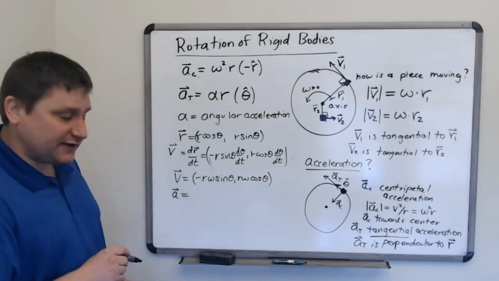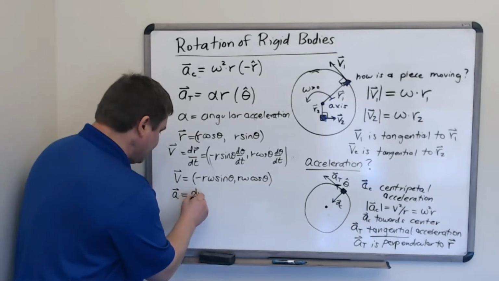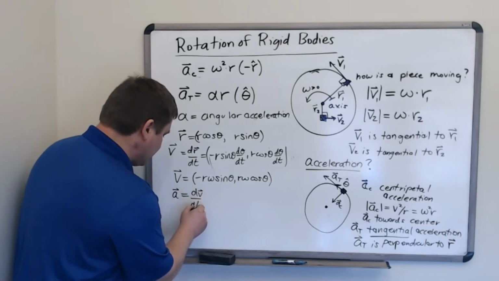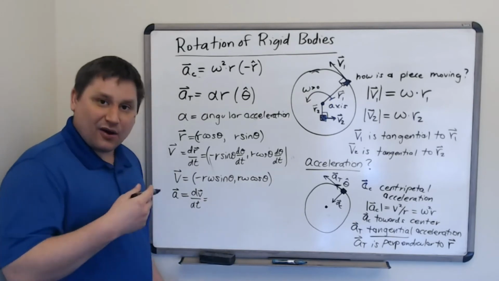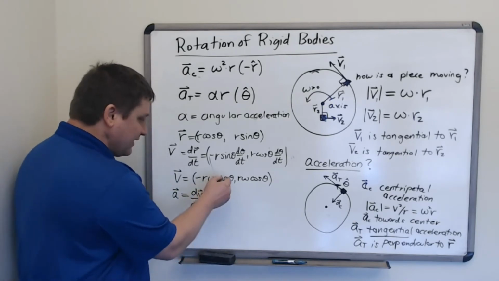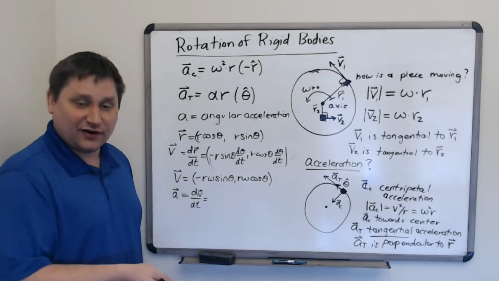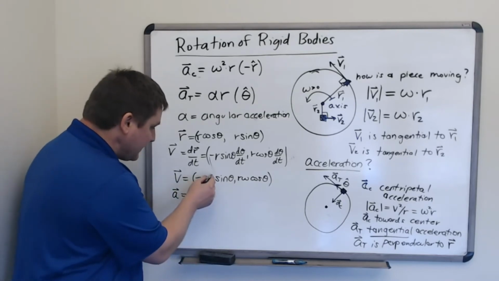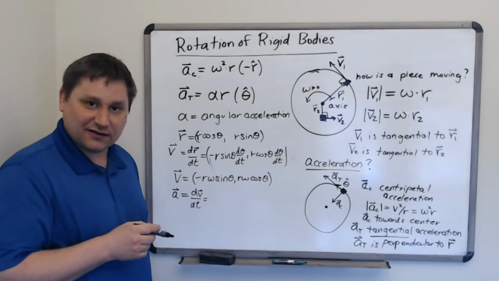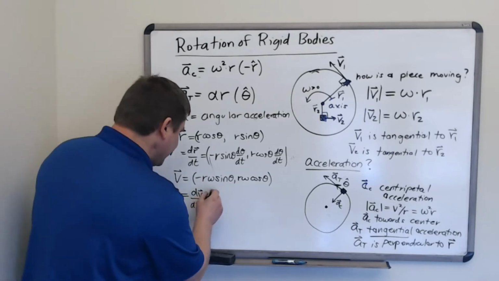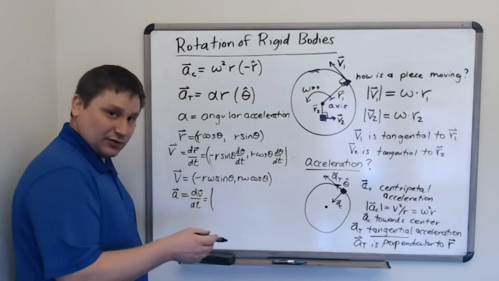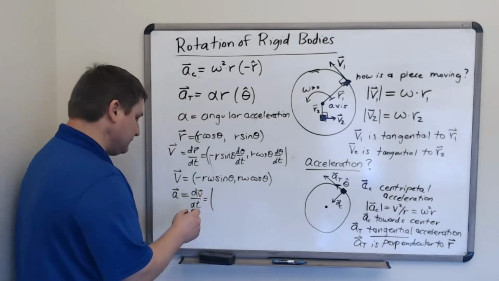Second step of the proof is to take the derivative of this velocity vector one more time. But now we have to realize that theta is in here. It's still an arbitrary function of time. And now the angular velocity, omega, is in there as well, and it's also an arbitrary function of time. So when we do these derivatives, we have to do a product rule as well as a chain rule.